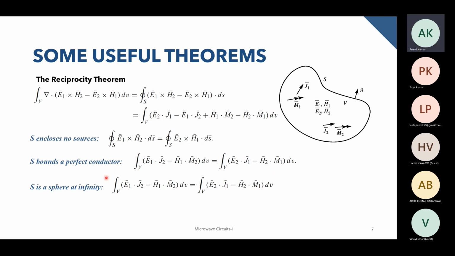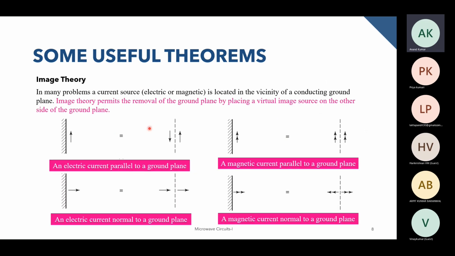So we looked at the reciprocity theorem, and then we looked at the image theory, where we had a perfect electric conductor, that is the ground plane, and a source near to it. How do we replace this ground plane with a fictitious source, and using this source we can evaluate the electric field or the magnetic field more conveniently.